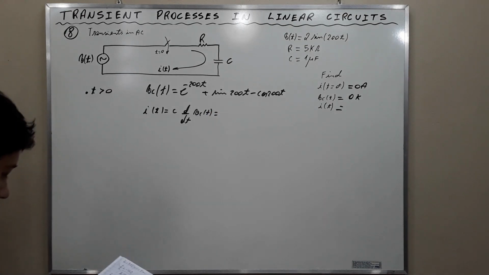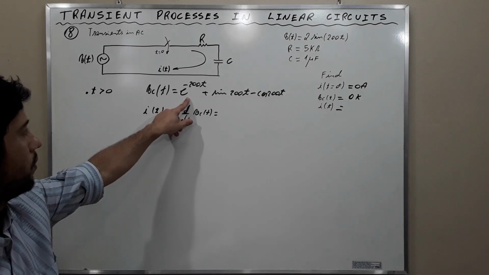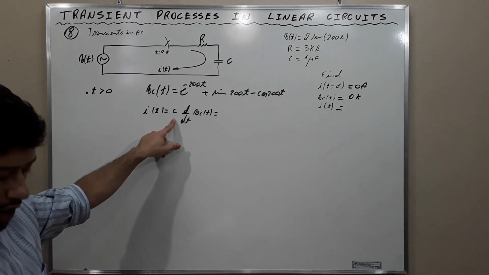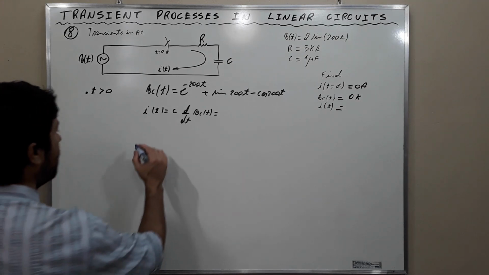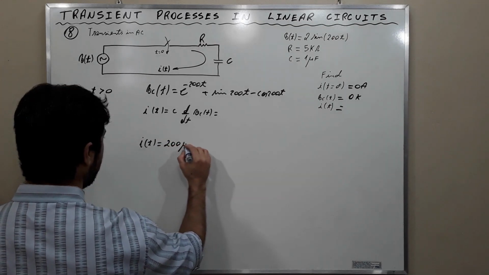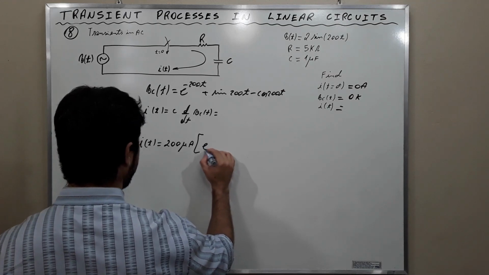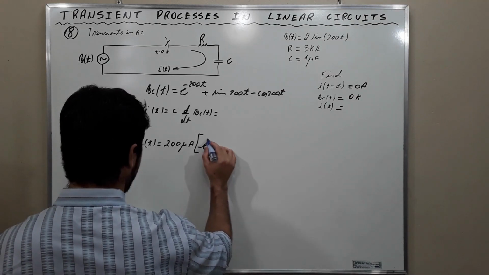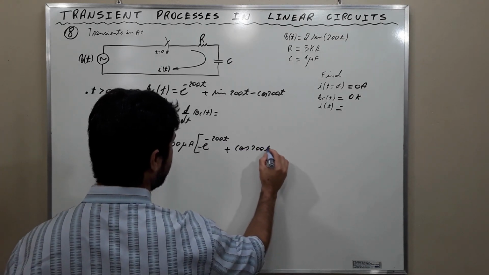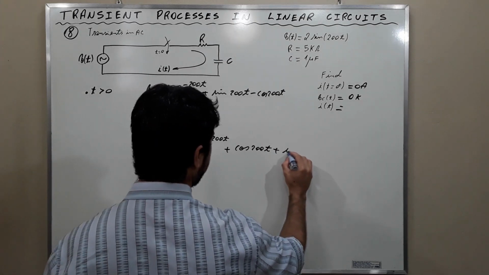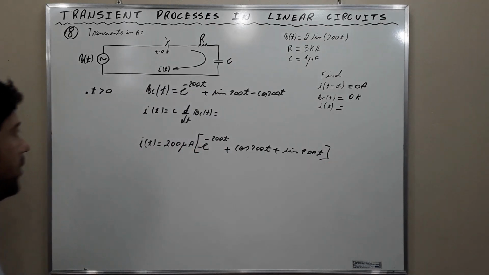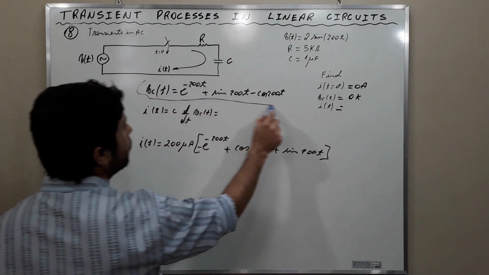And if we differentiate this expression here, using that the capacitance is 1 microfarad, we find that the current is equal to 200 microamperes times e raised to the power of negative 200t plus cosine 200t plus sine 200t. Okay? These are the solutions that we were looking for.